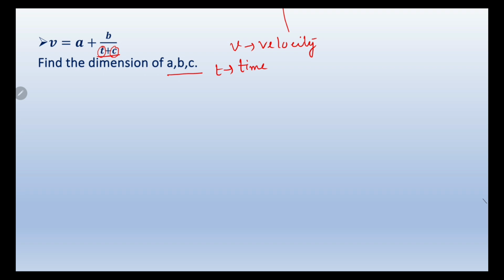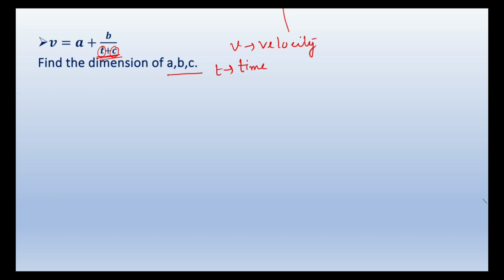So do not worry about this kind of equation. You only have to remember that we can add or subtract any two physical parameters if and only if their dimensions are the same.